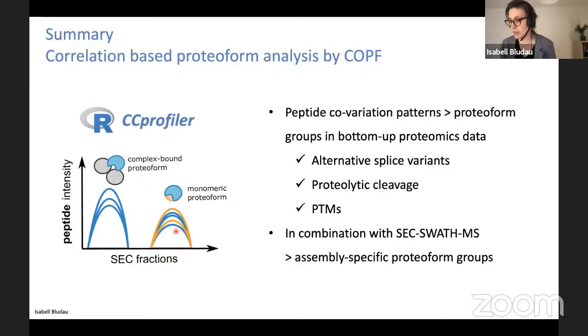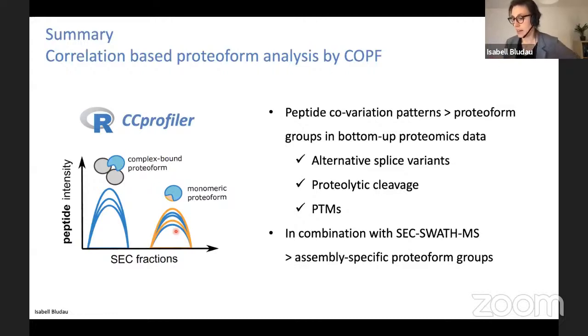Another question is, how do you process such a large number of samples, all fractions together, all replicates together? This is a good question. I don't know what you mean by process. In terms of the wet lab protocol, we do one SEC experiment at a time, but each sample is handled separately. We now have a 96-well plate format where we can do this in parallel.